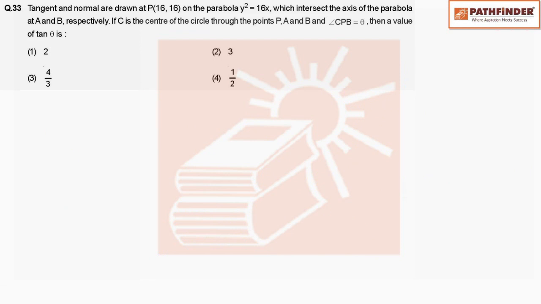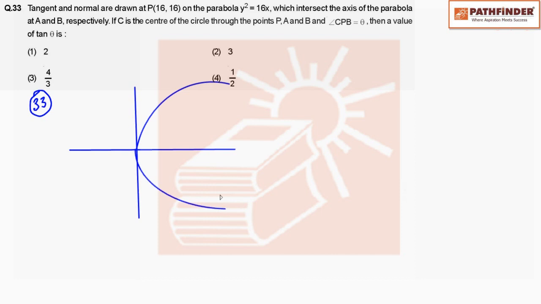Now we discuss question number 33. Tangents and normal are drawn from the point (16, 16) to the parabola y square equal to 16x.